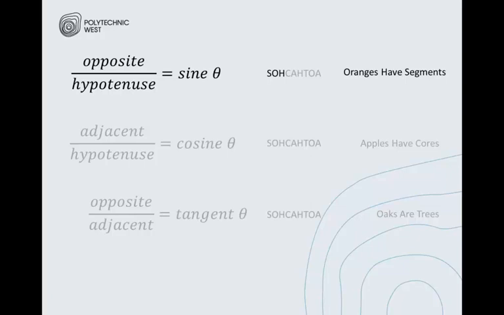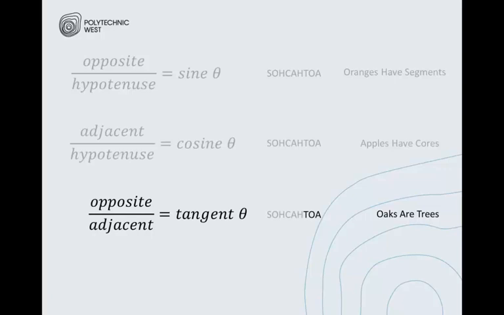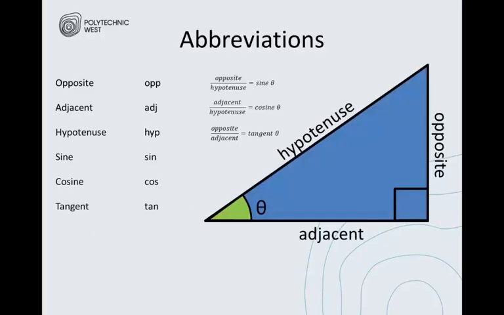That's the SO part, or oranges have segments. The second equation, adjacent over the hypotenuse equals cosine. That's the CAH part of SOHCAHTOA, or apples have cores. And the third equation, opposite over the adjacent equals the tangent. That's the TOA part, or oaks are trees.